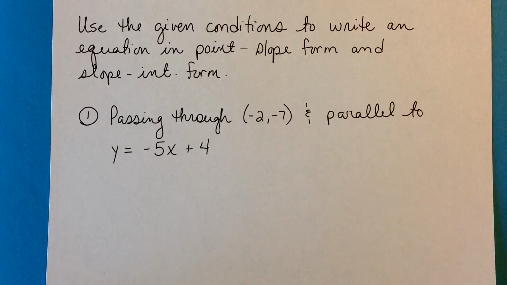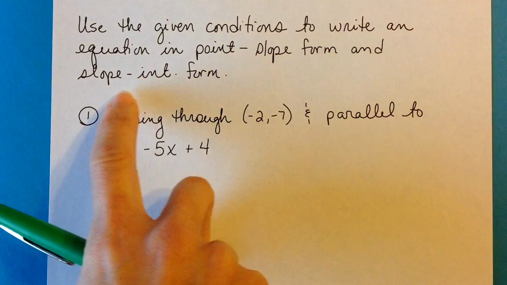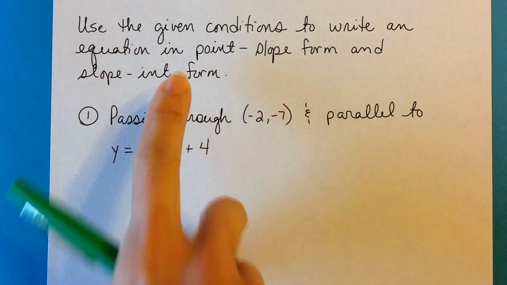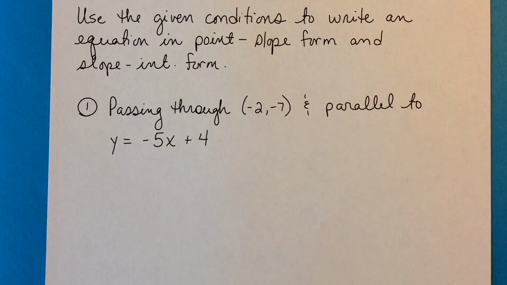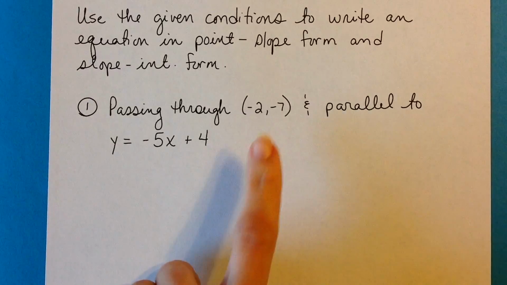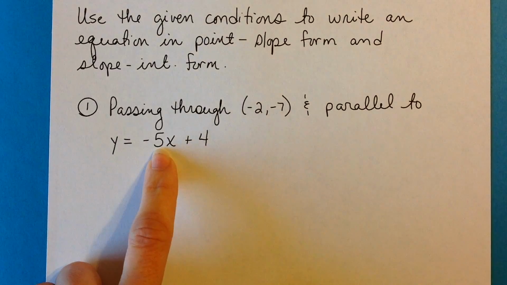All right, use the given conditions to write an equation in point-slope form and slope-intercept form. Okay, so just like a while ago, we're actually going to start out with this and then just end up making our line look like this. Since you're told that these lines are parallel, your line passes through this point and it is parallel to this line.